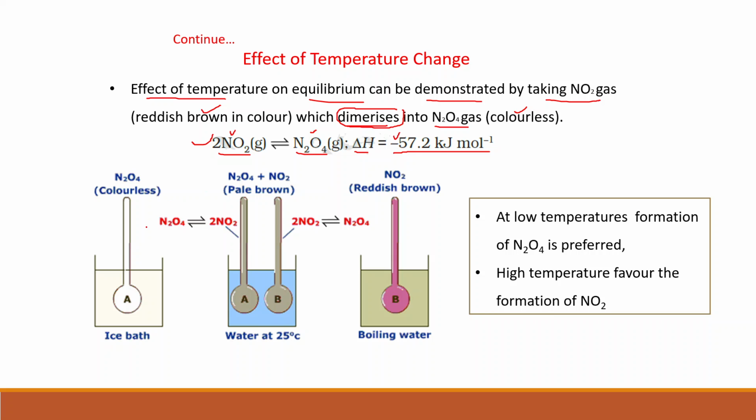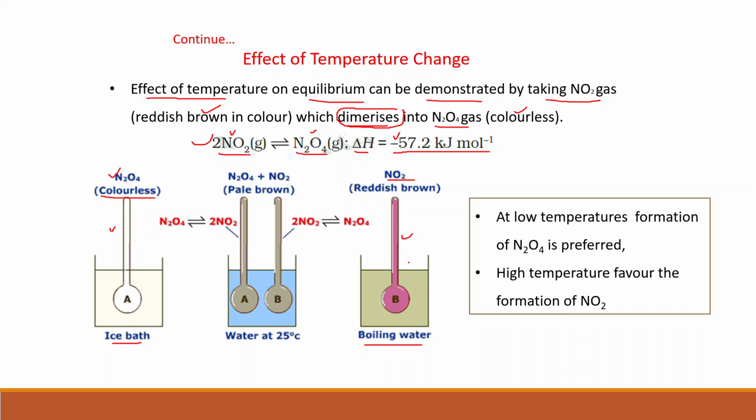Now let us see this diagram. This is one flask, and when it is kept in the ice bath, it is colorless because N2O4 is present. The other flask is kept in boiling water, and there NO2 is present and its color is reddish brown, because NO2 is stable at higher temperature and N2O4 is stable at lower temperature.